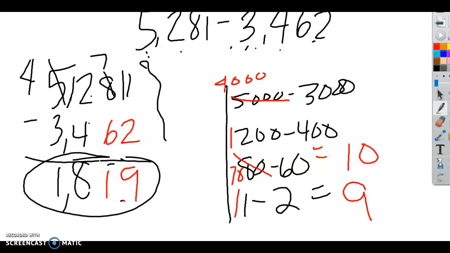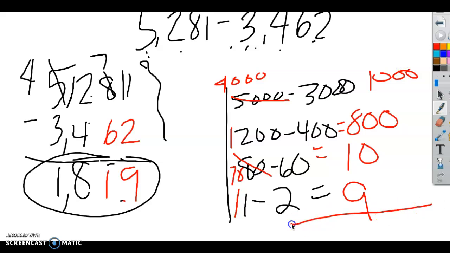So what is 12 minus 4? 1,200 minus 400, or 12 minus 4? Good, 800. So we have 800, and then 4,000 minus 3,000 is what? Good, 1,000. So now I can solve this problem. I'll get 1,819. All right, we're going to do one more subtracting problem with place value.